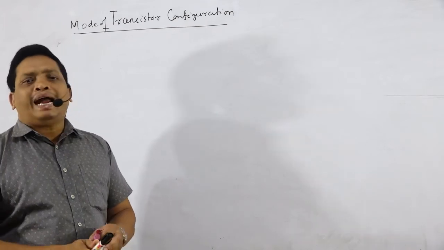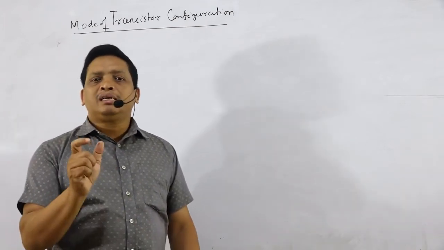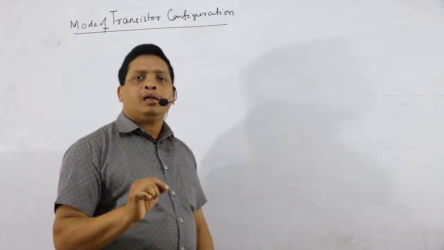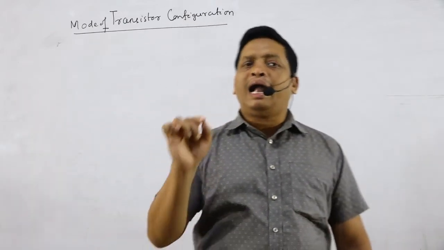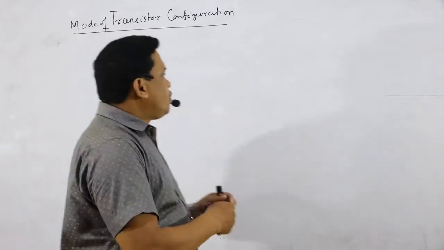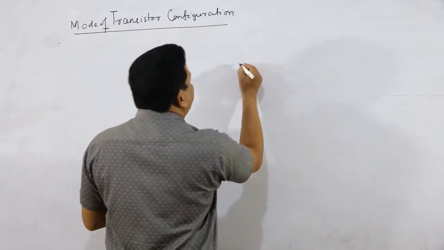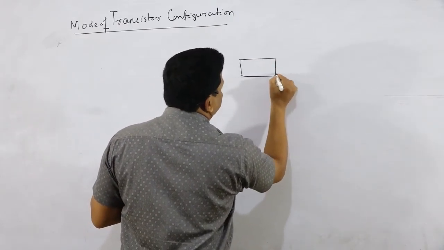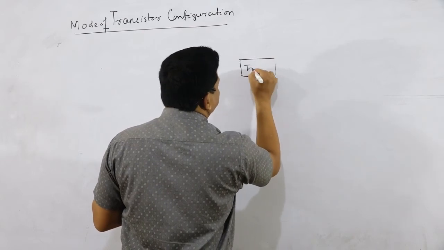We all know that a transistor has three terminals: emitter terminal, base terminal and collector terminal. Now to connect a transistor, suppose this is a transistor.